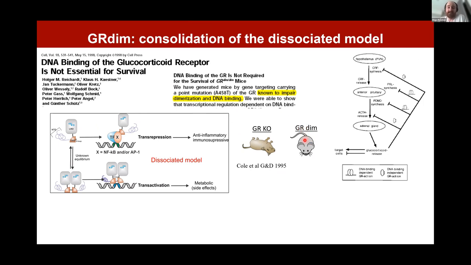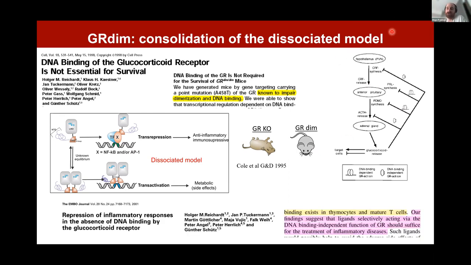This gives basically the title of the paper, that the direct DNA binding activity of GR was not essential for survival. And then there are dozens of papers just using GRdim as a tool to know if your pathway is basically monomeric, DNA independent, or if it's dimeric, DNA dependent, whether it happens in the dim or not.